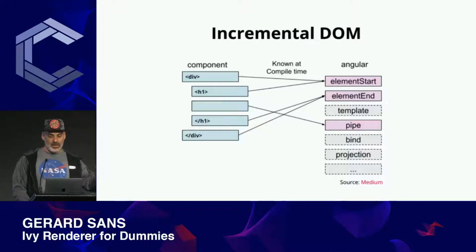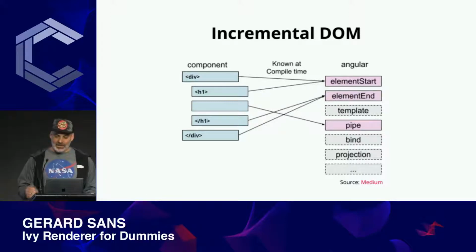So when the compiler and the renderer go through your components, it will look for these common instructions that we were talking about at the beginning. So this element start that I can reuse for any of the HTML elements, I can start seeing which parts of my Angular code I need to add in the bundle. So here, from this example, I need element start.